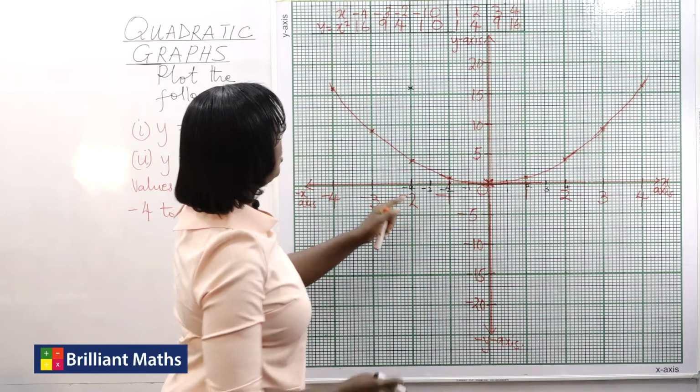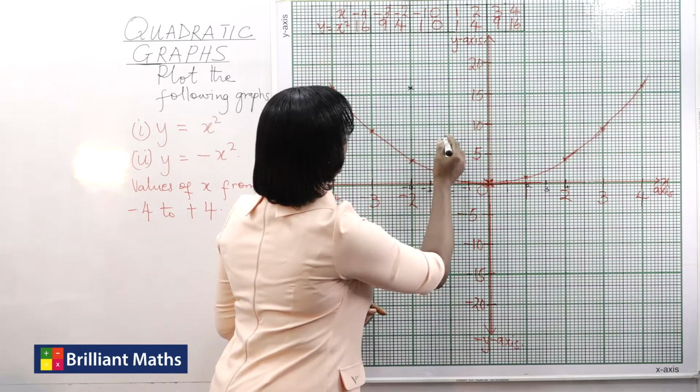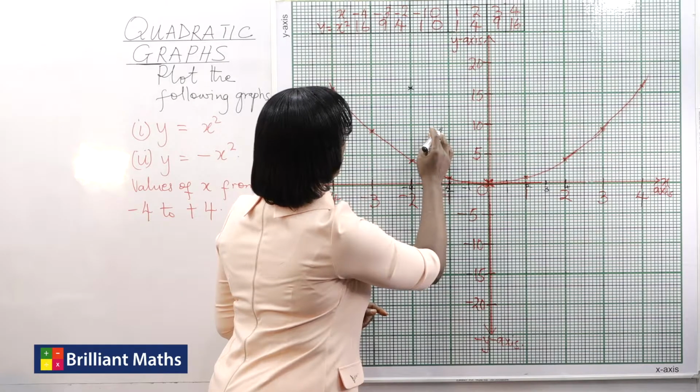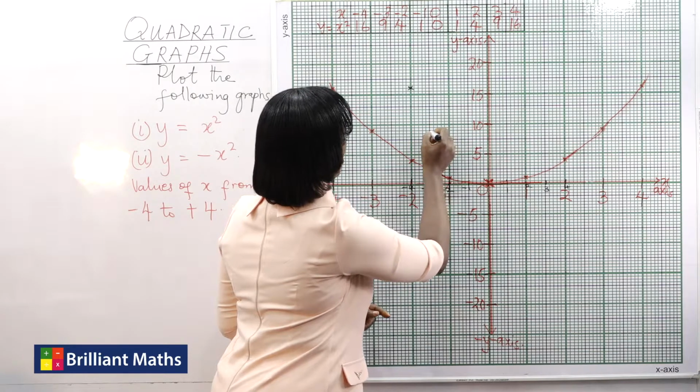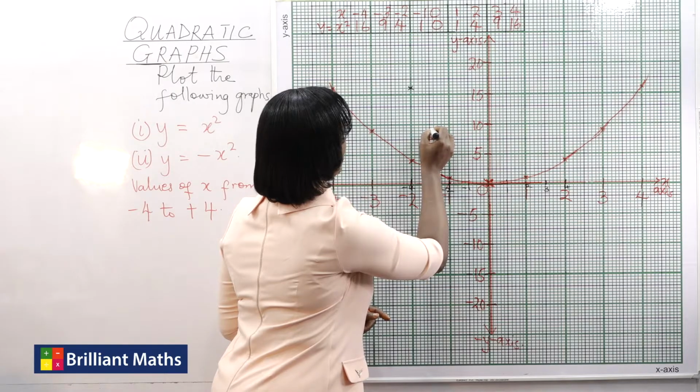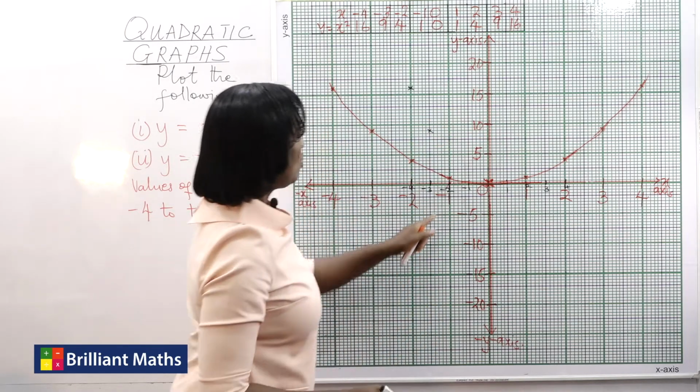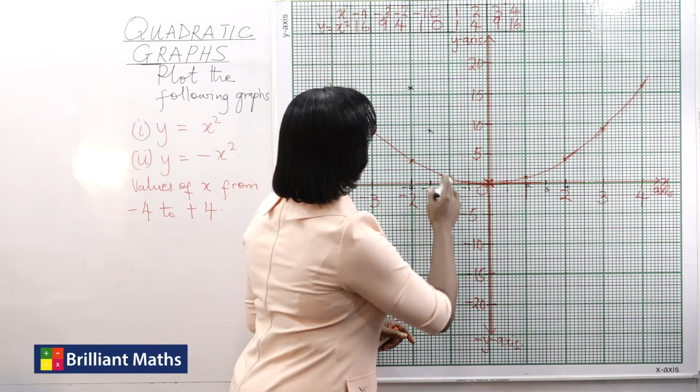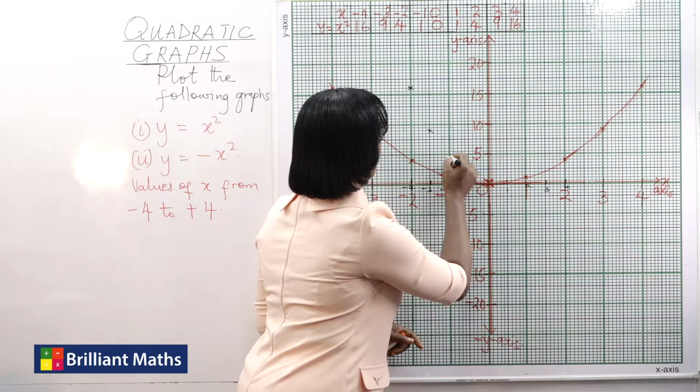When x is minus 3, y is 9, and that is 9. When x is minus 2, y is positive 4.